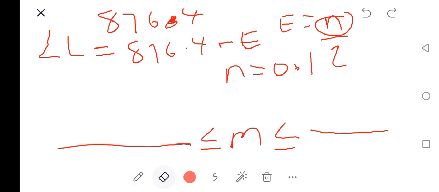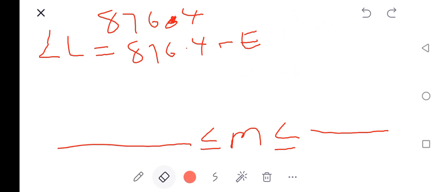Meaning we are now saying our error is 0.1 divided by 2.